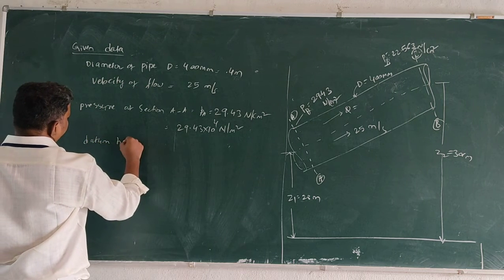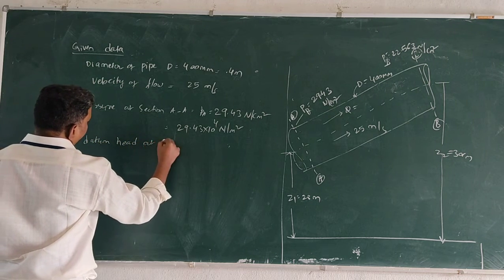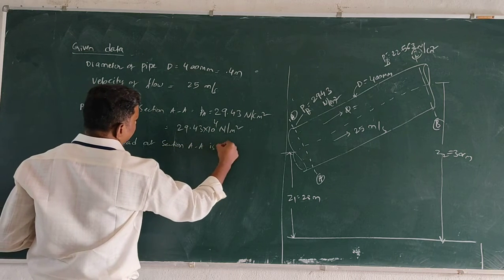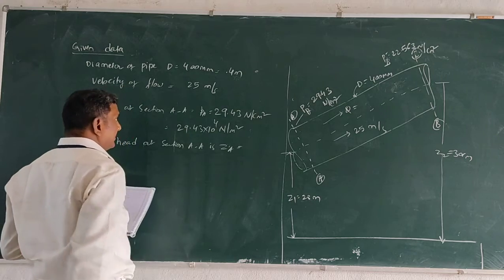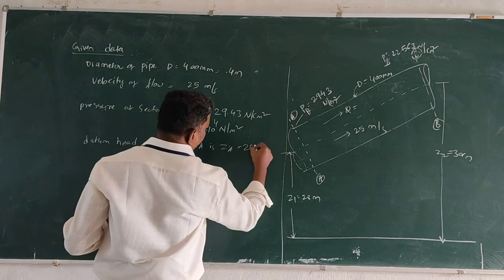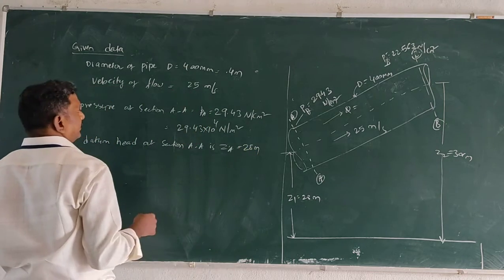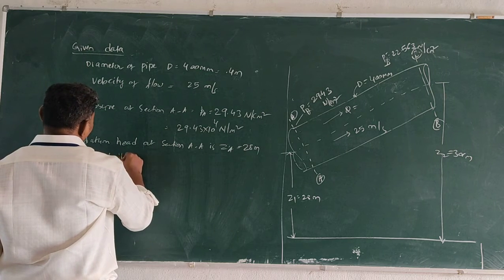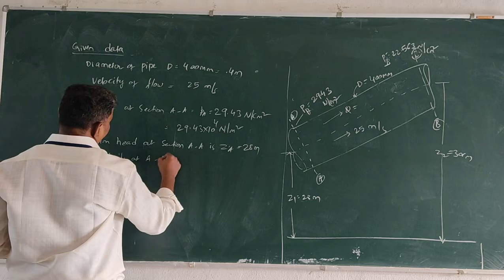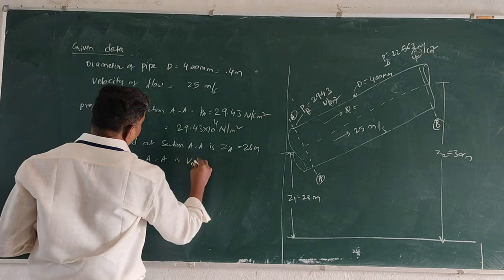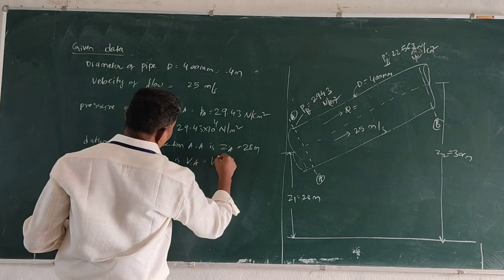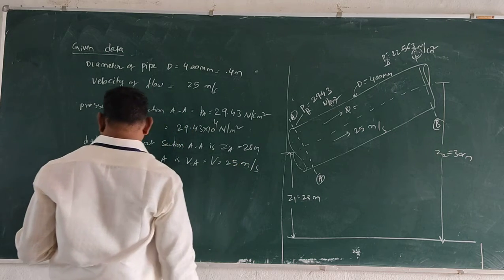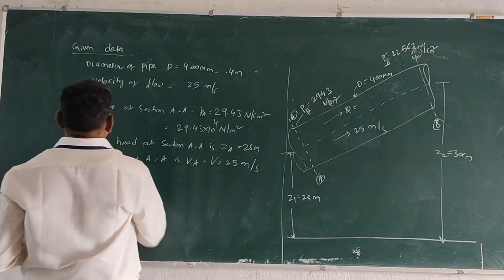Datum head at the section A is ZA, that is equal to 28 meters. Velocity at A is VA, that is equal to V, equal to 25 meters per second.